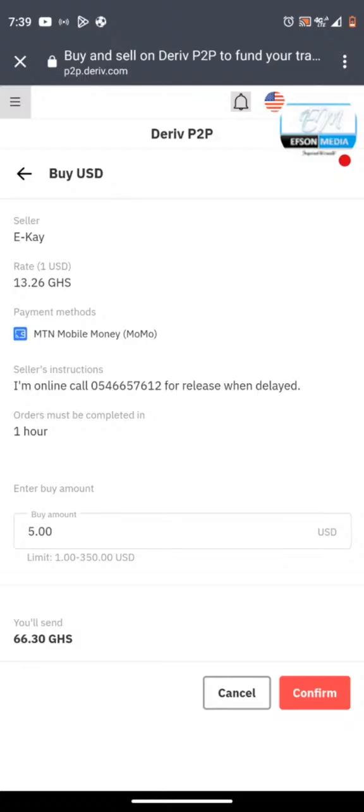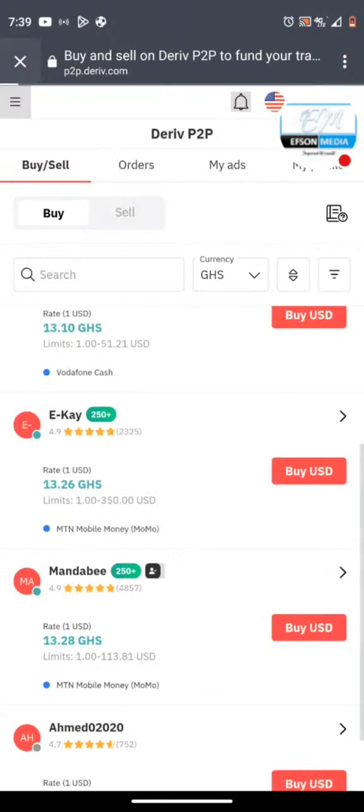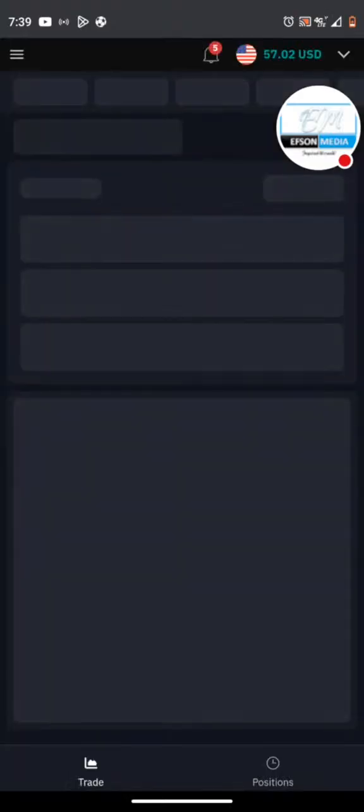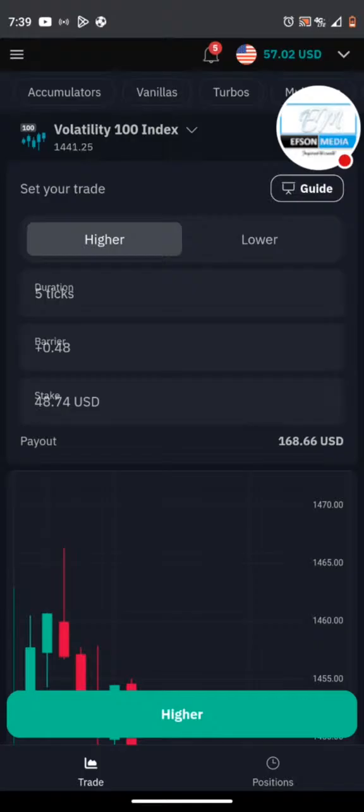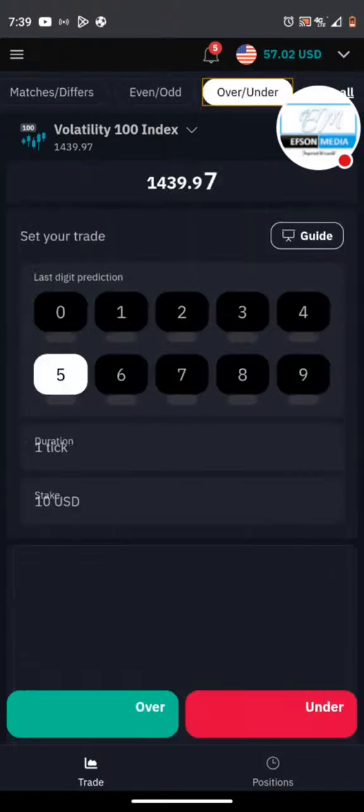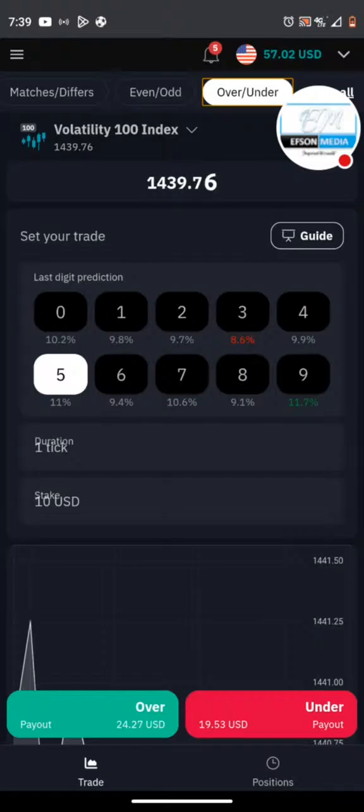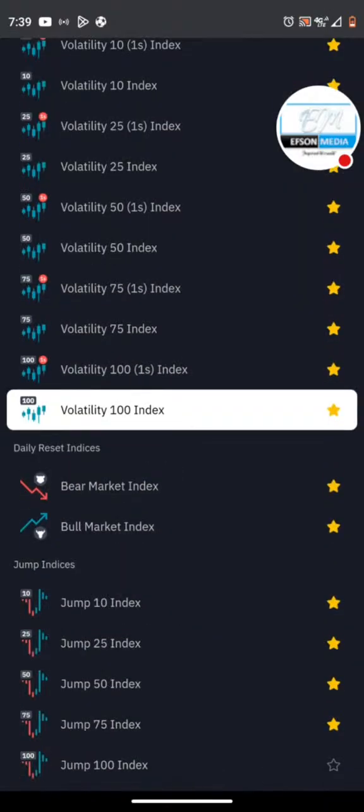So let's get back to the main page. Let me close this. You scroll to the higher and lower. Also take note that apart from the volatility 100, you have so many different ones.